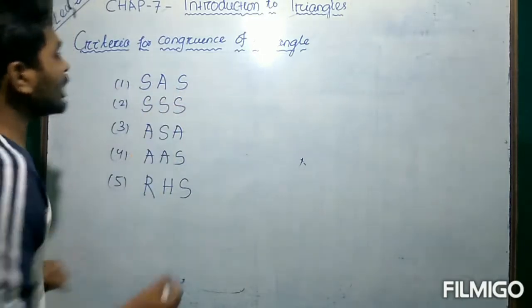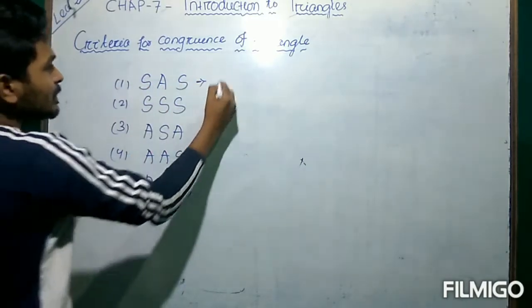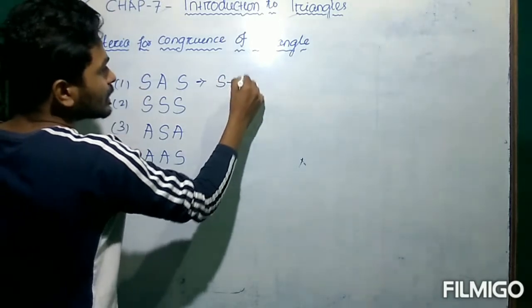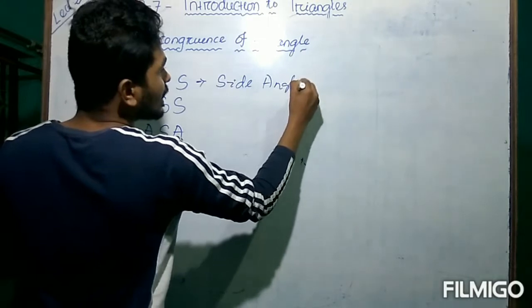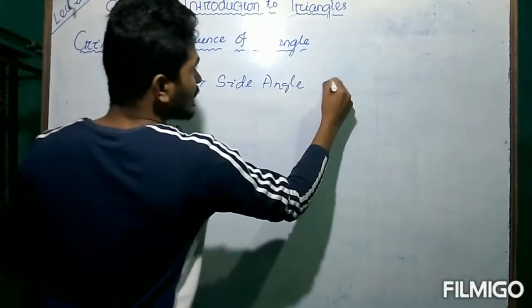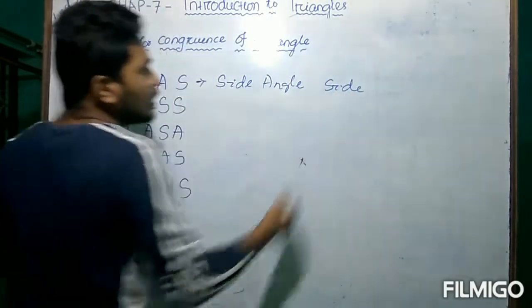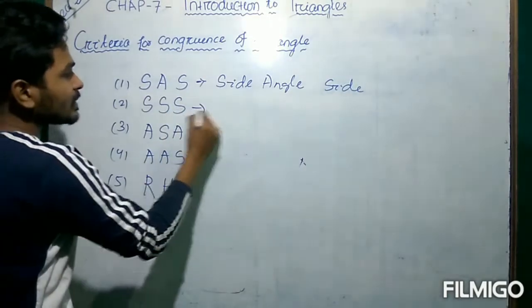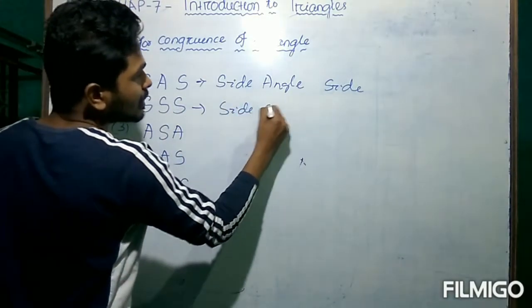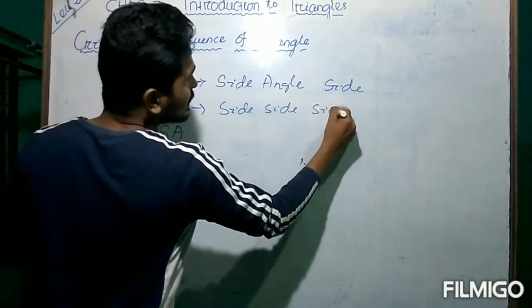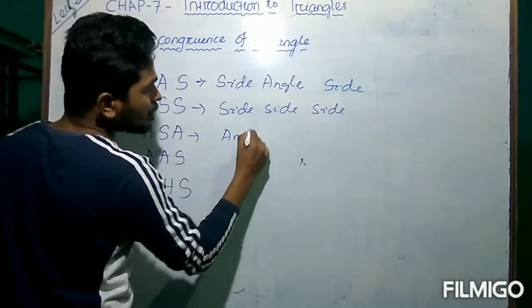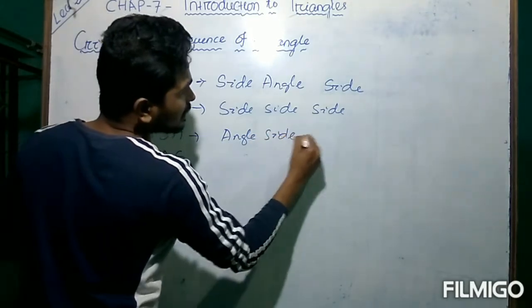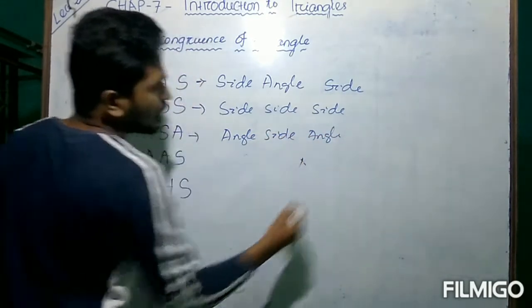So what is the meaning of SAS? SAS means S stands for side, A stands for angle, right? This S stands for side. Similarly, SSS means side, side, and side. ASA means angle, side, and angle.